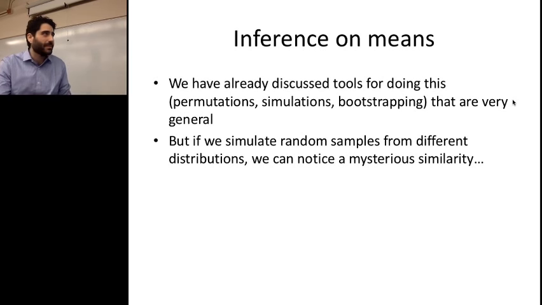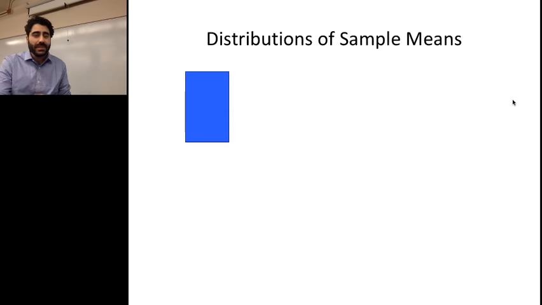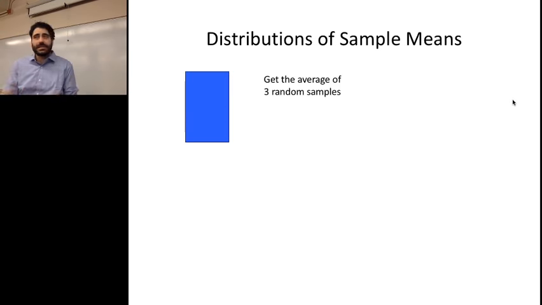So here's an example of this. So let's say we're going to run some simulation here about collecting data from this population distribution, for example. So this is a standard uniform distribution, right? So this is a distribution that takes values between 0 and 1. So we're going to simulate taking data sets of 3 samples.